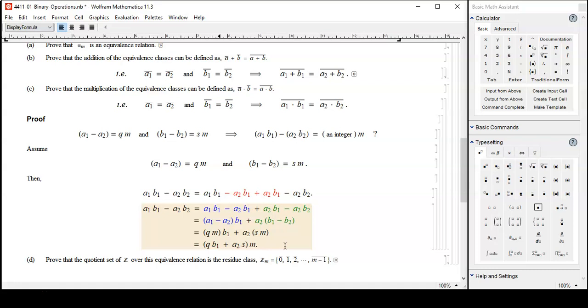Factor M out and we get the answer. You see, this technique, subtracting and adding the same thing by cross-multiplying, is very, very common in analysis. When you have to prove something about continuity or limits or even derivatives, this thing shows up a lot. For algebra, it's a bit less frequent, but it did appear here.